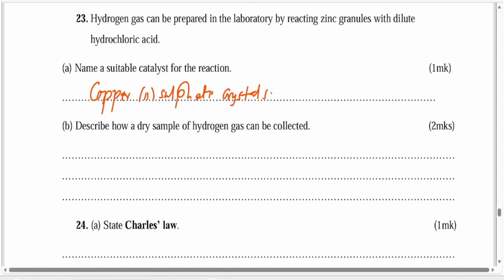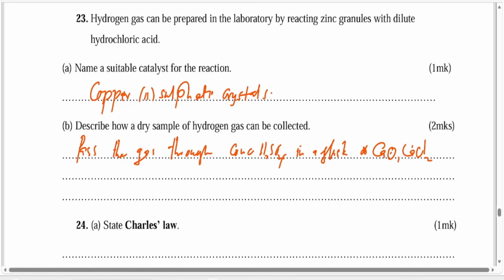So we say pass the gas through concentrated sulfuric 6 acid in a flask, or calcium oxide or anhydrous calcium chloride in a U-tube to dry the gas.